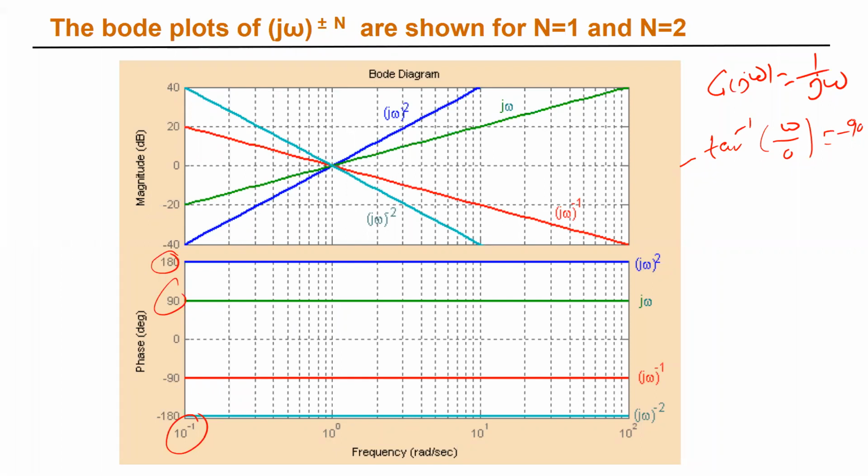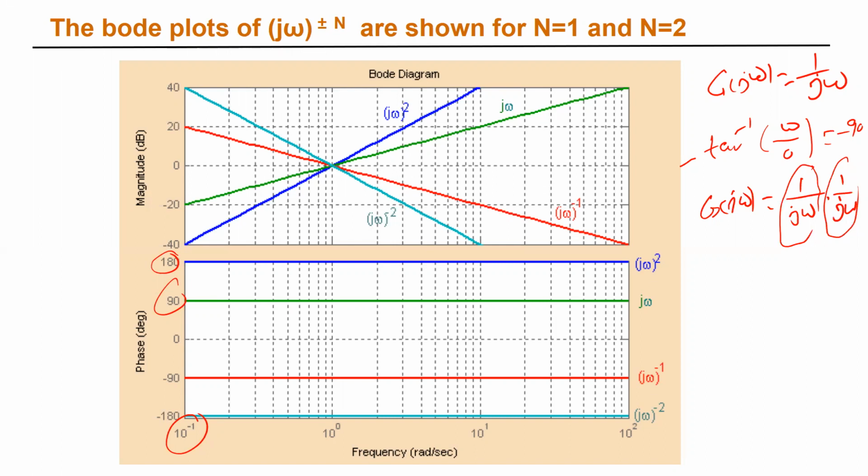Suppose I have two, G of j omega equal to 1 over j omega times 1 over j omega. The contribution of each one will be what? The contribution of each angle is 90, and then you add them.